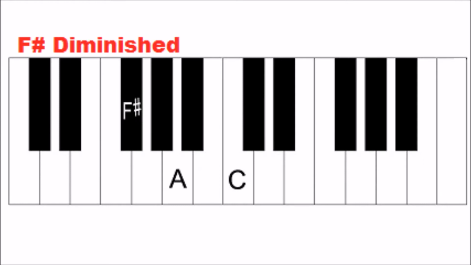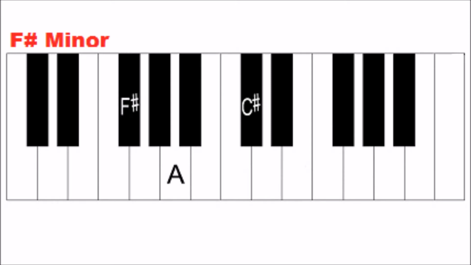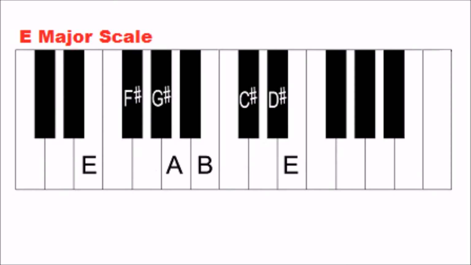Neither can it be F sharp diminished, because the notes of the F sharp diminished chord are F sharp, A, and C. It has to be F sharp minor, consisting of the notes F sharp, A, and C sharp, which are all in the E major scale.